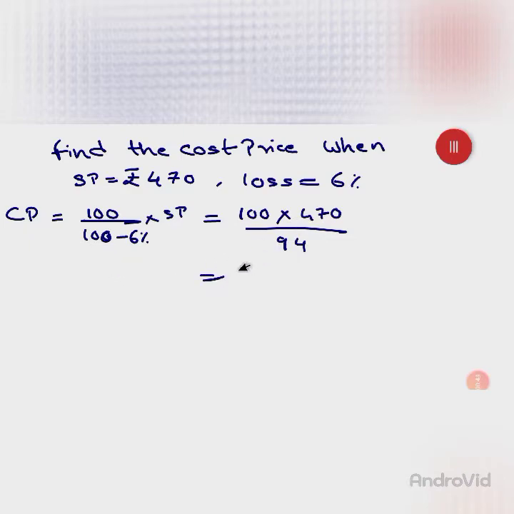So when we solve this we get cost price equals to 500.